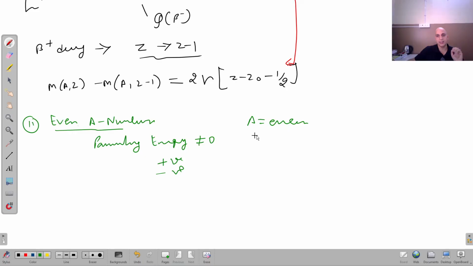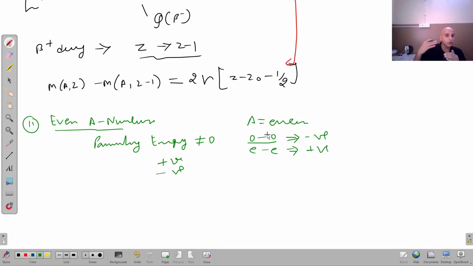So two possibilities are there. For odd-odd, pairing energy is negative, and for even-even, pairing energy is positive, because when both the number of protons and the number of neutrons are odd, their sum is even, and if they are both even, then again even.